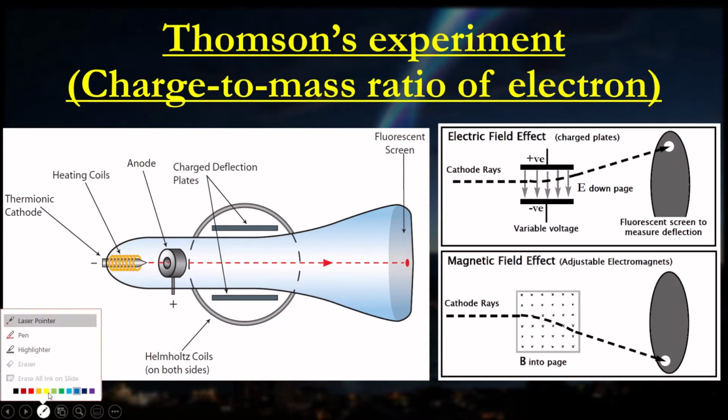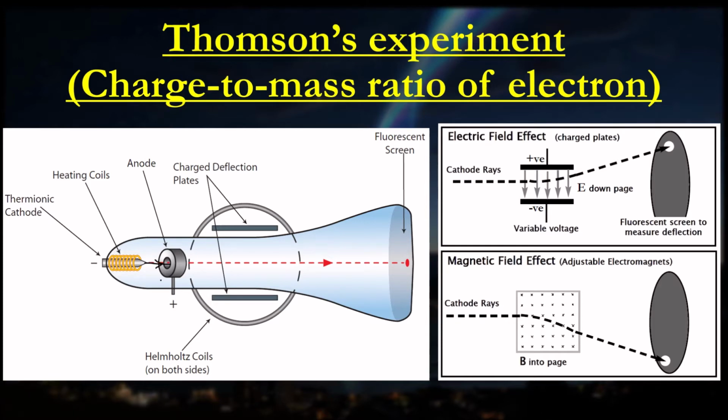This will go through the anode. Now the anode is positively charged, so there's going to be an attraction force that's going to cause the electrons to accelerate through. That gives them an additional velocity, and depending on how we manipulate the charged plates and the magnetic field, we can cause movement of the electrons here, and then we can see the movement at the fluorescent screen. So we'll see the little dots.